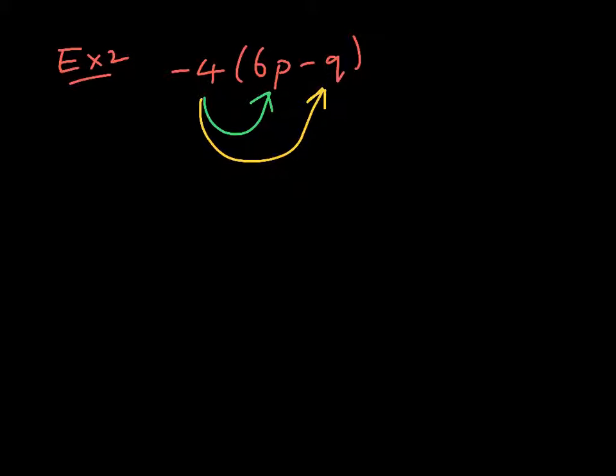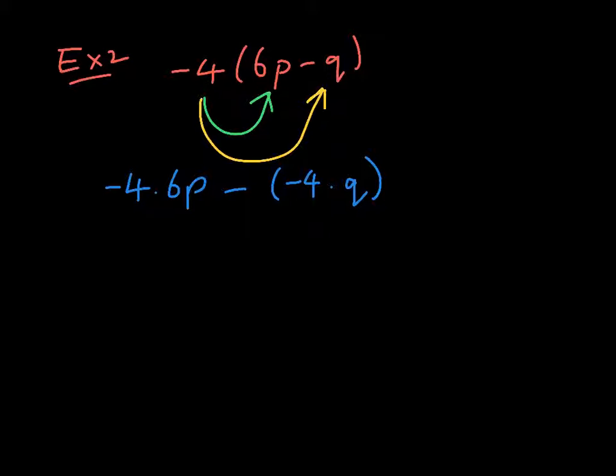So let's go ahead and write that out. So that's going to be negative 4, always remember your sign, multiplied by 6b, minus negative 4 multiplied by q.